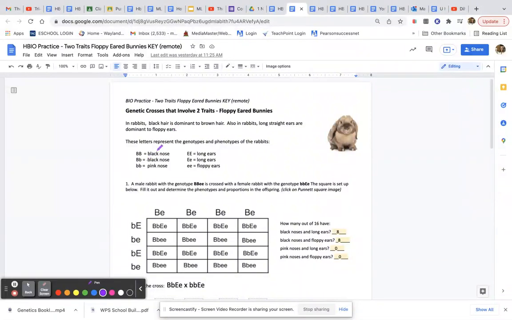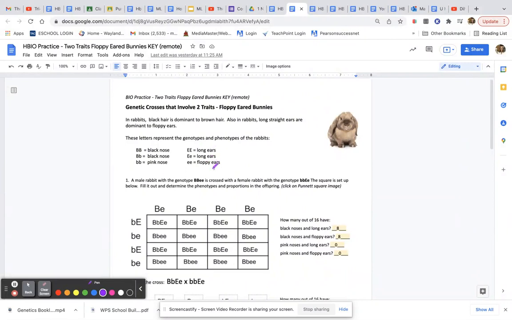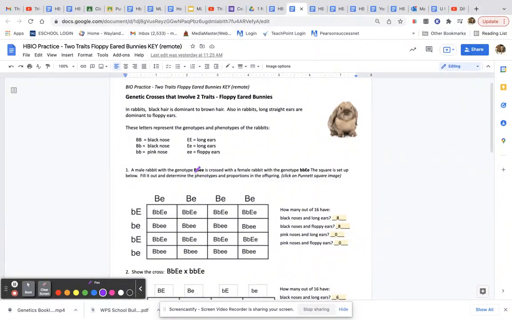And also black nose, which we should have written here, is dominant to pink nose. Okay. So we made all these letters. A male rabbit with the genotype big B, little e, is crossed with a female rabbit with the genotype little b, big E, little e. Okay. So he would have a black nose, this one, and he would have floppy ears. And this one would have a pink nose and have long ears.